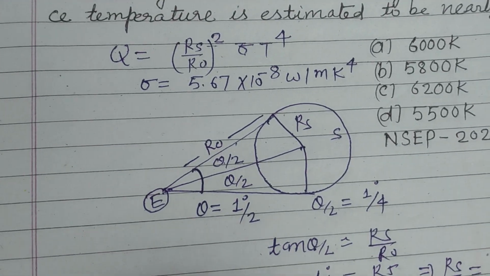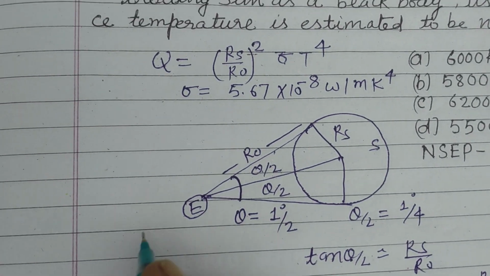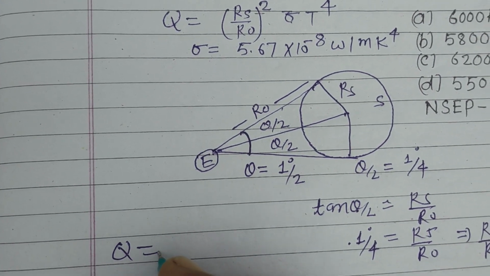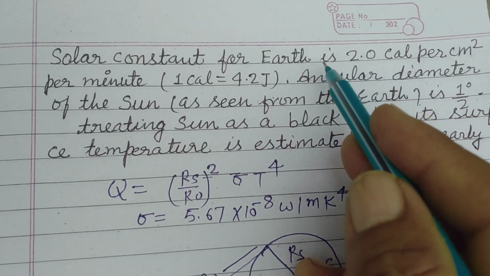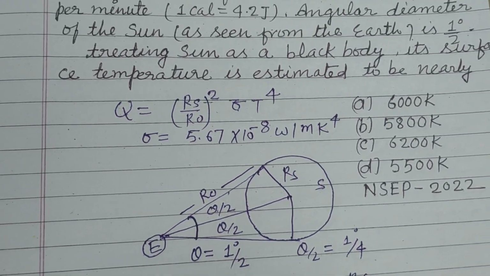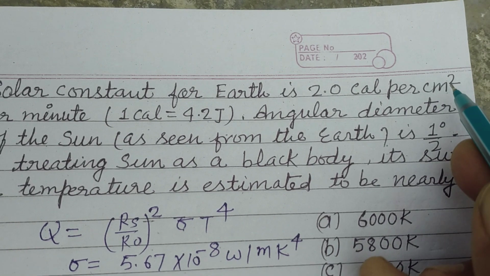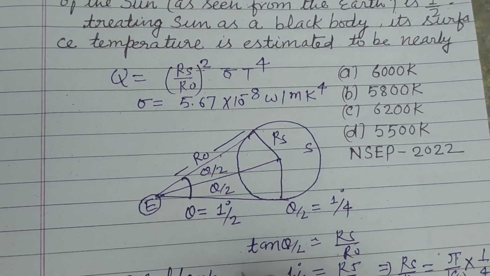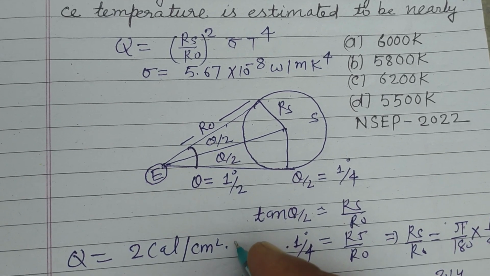Okay, now Q is also given in the question, which is the solar constant, 2 calorie per centimeter square per minute.